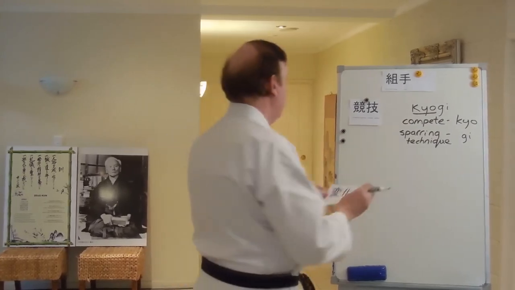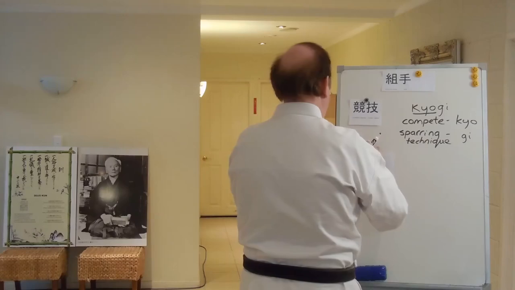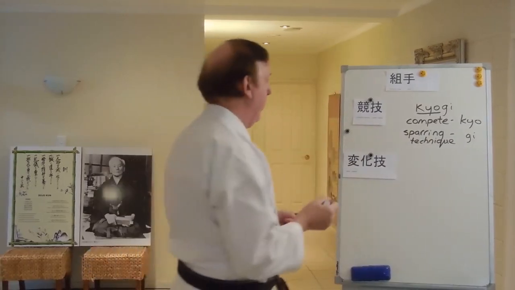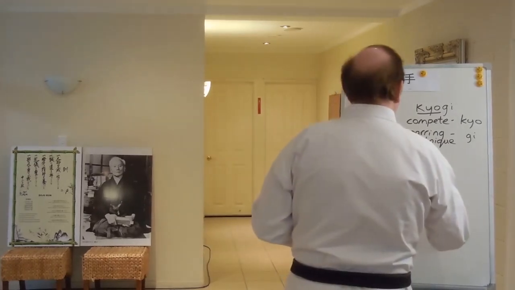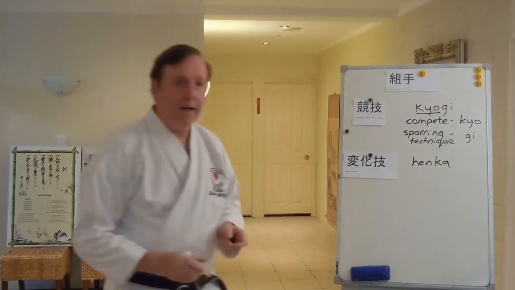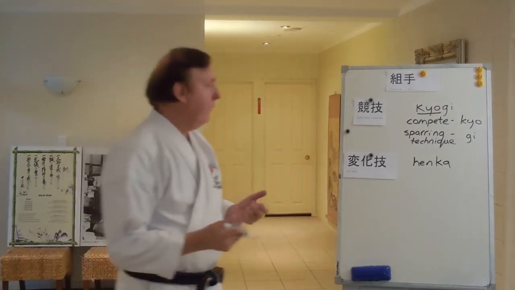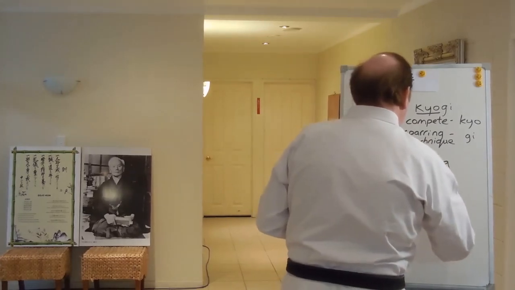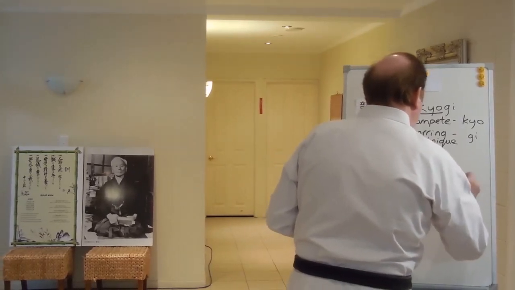Well, the first statement we could say about kyogi KUMITE is that it has a lot of different variations. So this word here is henka. So henka actually translates as variation. So to vary different drills.